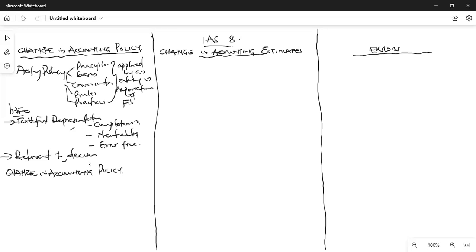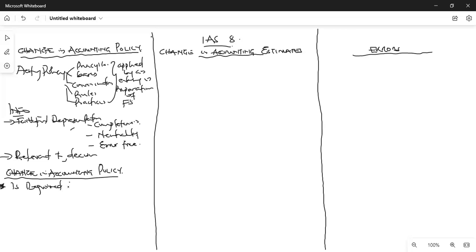Okay. All right. So if you are going to change from one to the other, what you need to do is that the change, number one, is required by standard. Please, these things are for your 2 marks answering questions. Right?